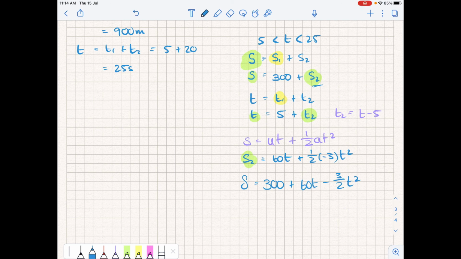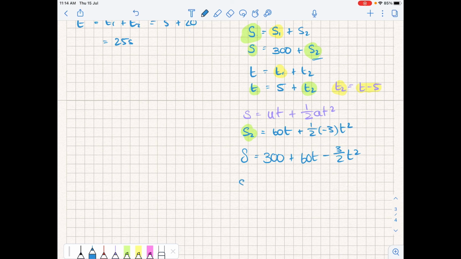Okay. And finally, the time for my period between 5 and 25 did not start at 0, all right? Time 2 is t minus 5, and so we just need to change that into t minus 5. So displacement is equal to 300 plus 60, right? We're going to put in our t minus 5, right, because we did not start at 0.